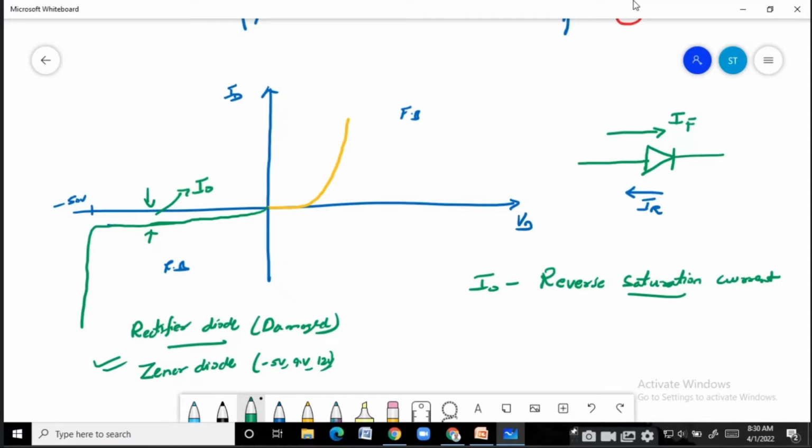We'll be covering later what a Zener diode is and how it is used. But in the case of a rectifier diode, we don't bring it into the breakdown region, because it will just damage the diode. The diode will get burnt, so you don't use rectifier diodes in this region.